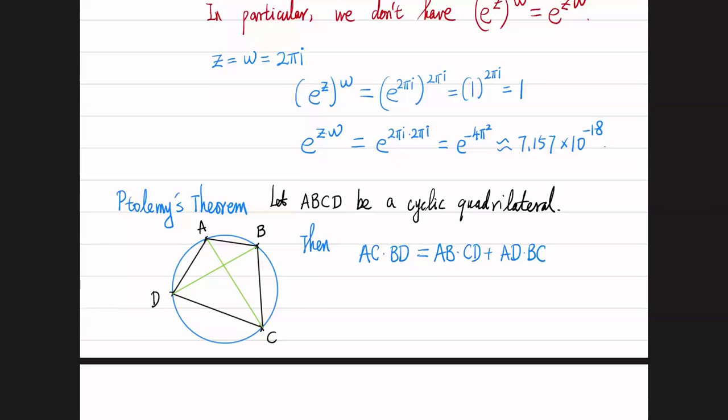For any cyclic quadrilateral, we connect the opposite vertices and get two diagonals. Then the product of the diagonals equals the summation of the products of the opposite sides.